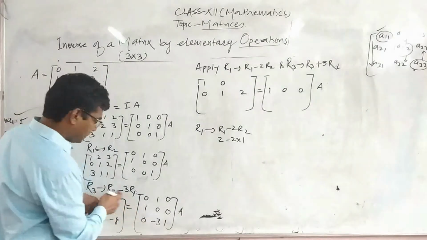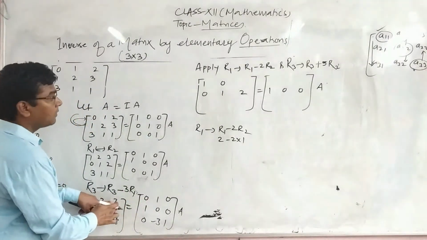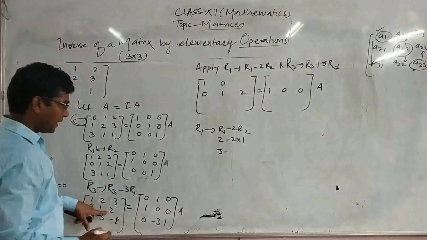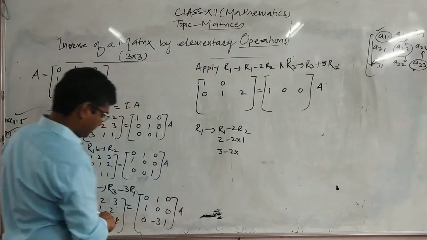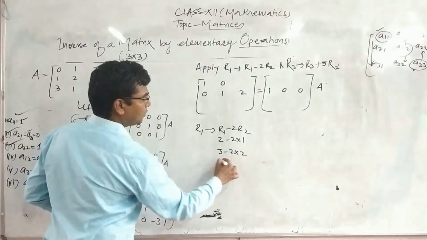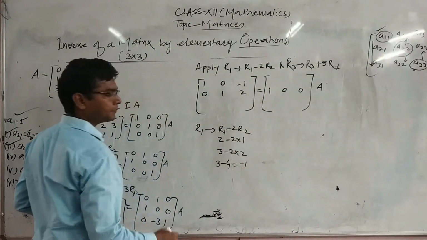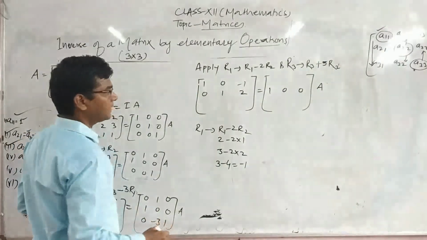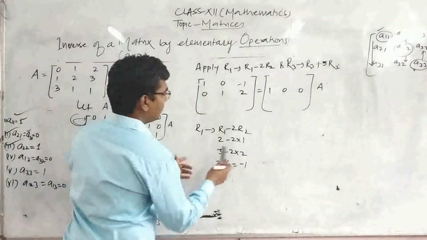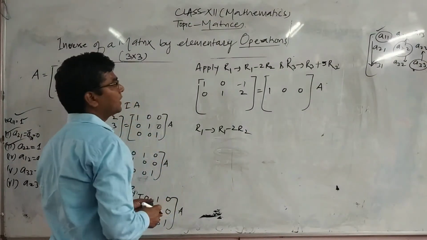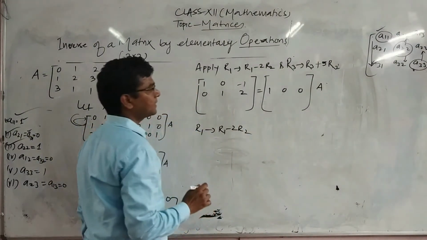And the third element, A13: R1 is 3 and 2 times 2 is 4. So 3 minus 4 will be minus 1. Okay, right? Now the same operation is applied on the right side, the very first matrix.